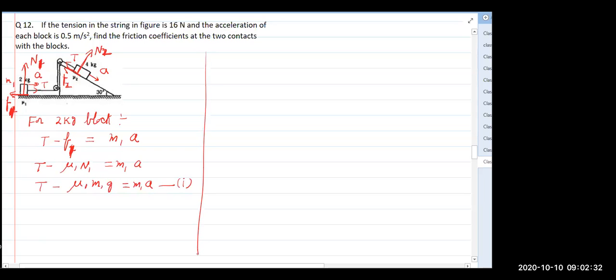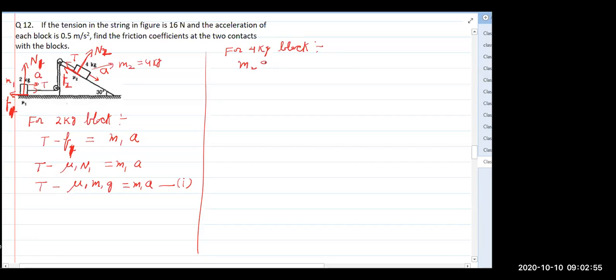Now second is for the 4 kg block. For the 4 kg block, the downward force is how much? mg sine theta. So directly I'm writing M2, this is M2 equal to 4 kg.